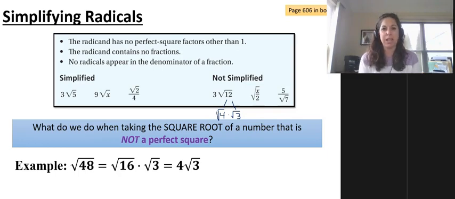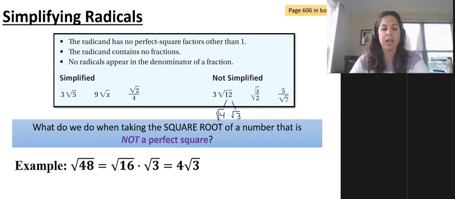So what do we do when taking the square root of a number that is not a perfect square? Remember, your perfect square numbers are 4, 9, 16, 100. They're all perfect squares because a number times itself gives us that number. For example, if we were given the square root of 48, we want to find the two factors that multiply to give us 48, and we want one factor to be the largest perfect square.